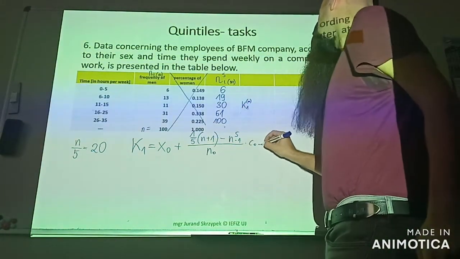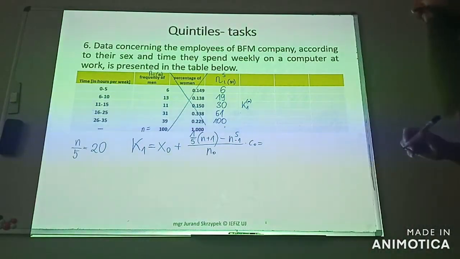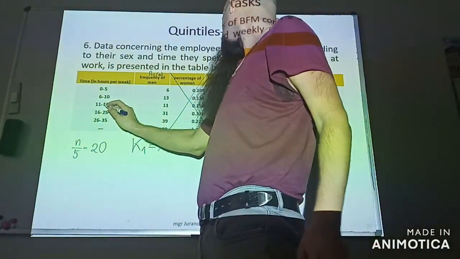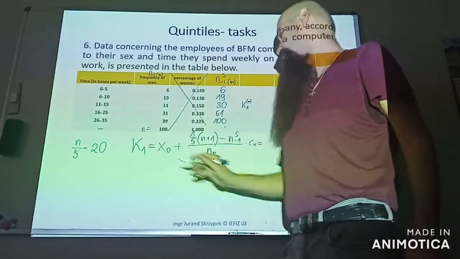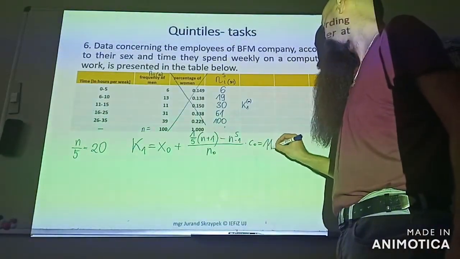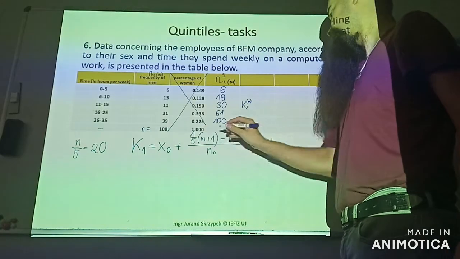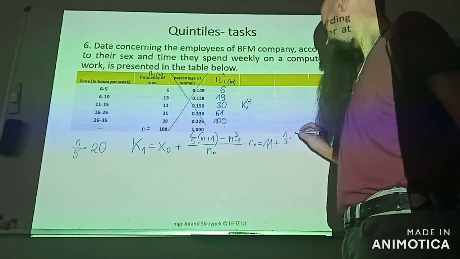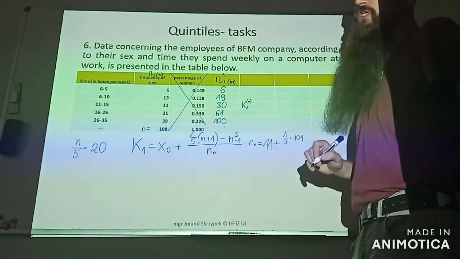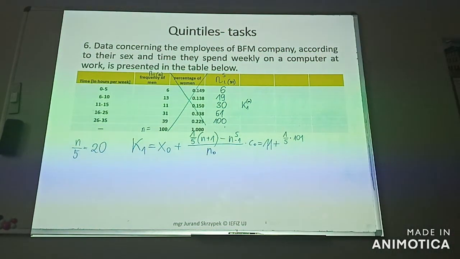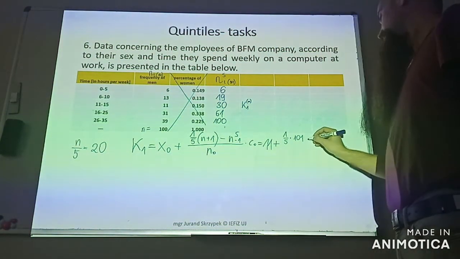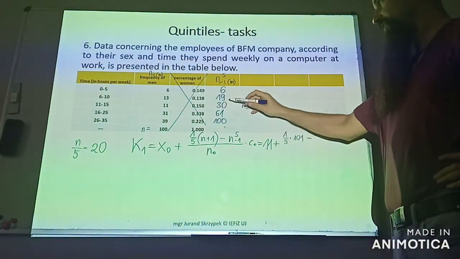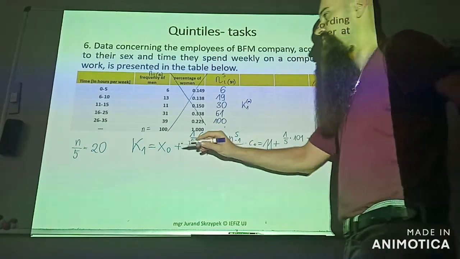And now we are able to make some computations. The lower bound of that class is 11 plus 1/5 multiplied by 101, because this is the population size increased by 1, minus the cumulative frequency from the previous class.